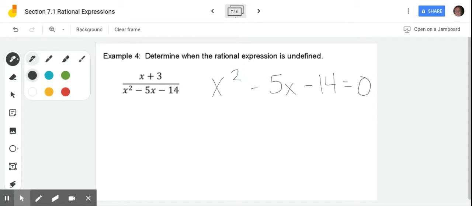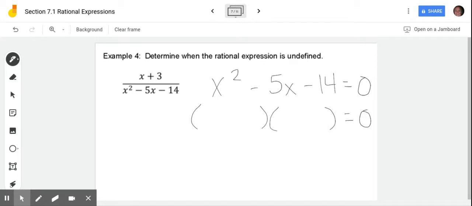And in order to solve that for 0, we have to factor. So what two numbers multiply to negative 14 but add to negative 5? It's going to be x minus 7, x plus 2.